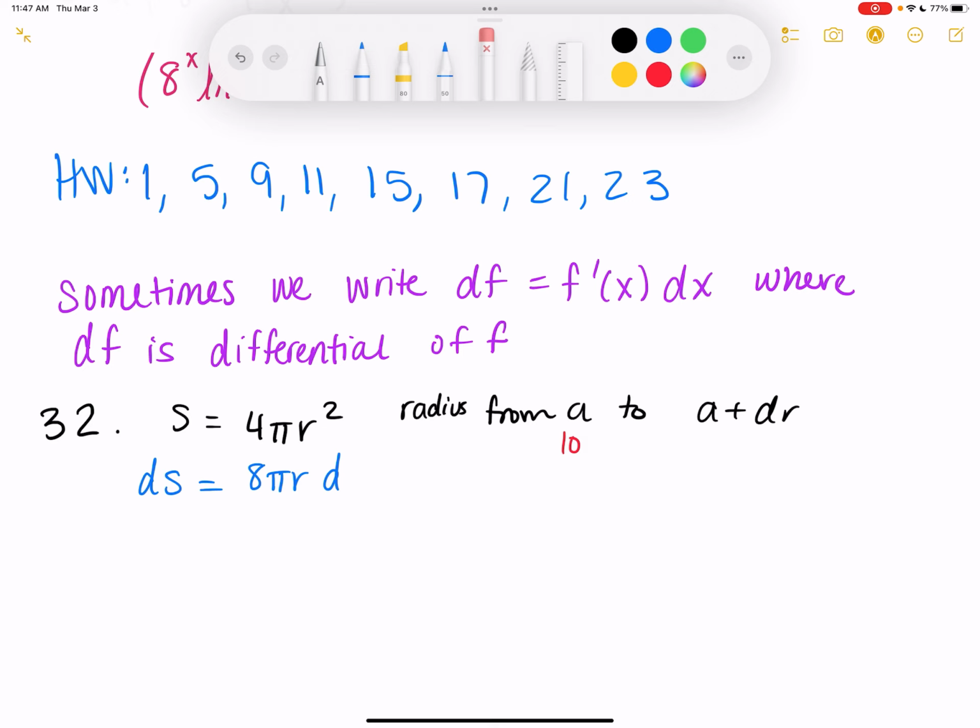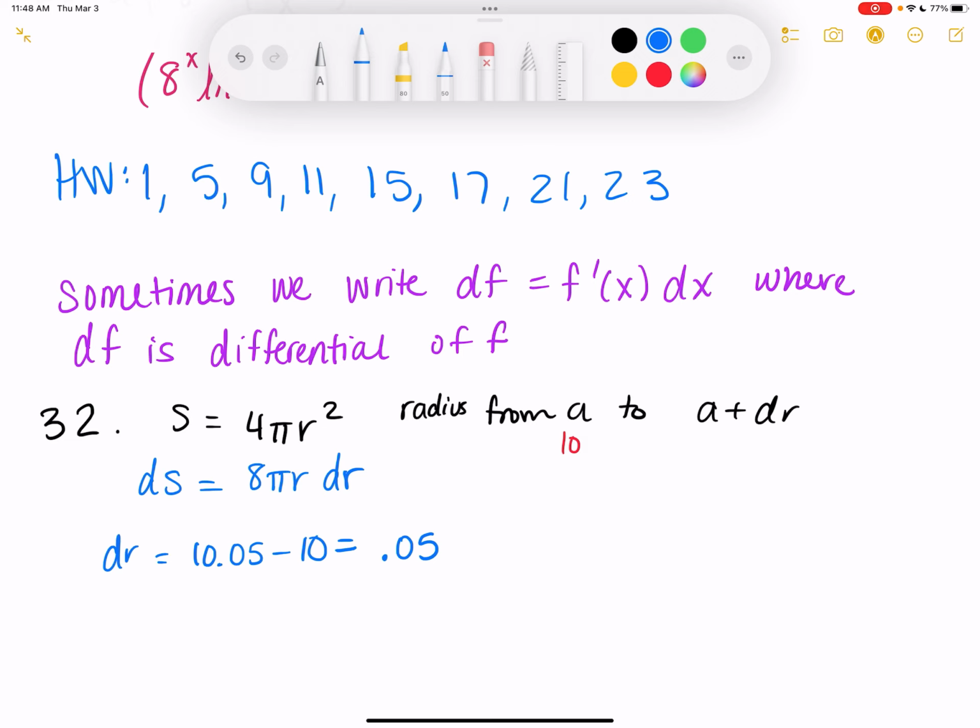You said 10 stands for A? Yeah, that was from the instructions. It said that we're looking when the variable changes from 10 to 10.05. So then dr is 10.05 minus 10. And again, that was just from the instructions. It's dr because it's with respect to r. Yeah, because ds dr would have officially been how we would have written that, because it was the derivative of surface area with respect to radius.